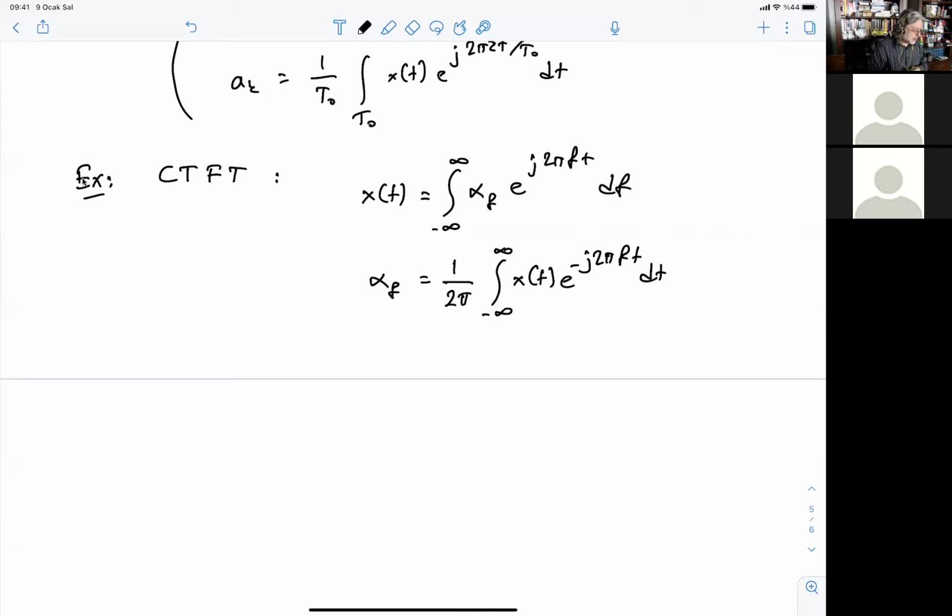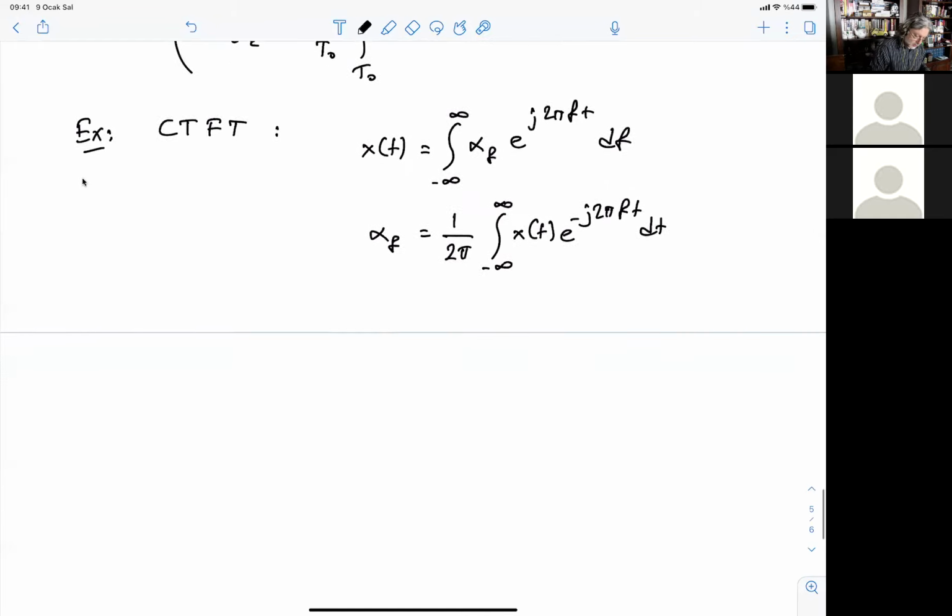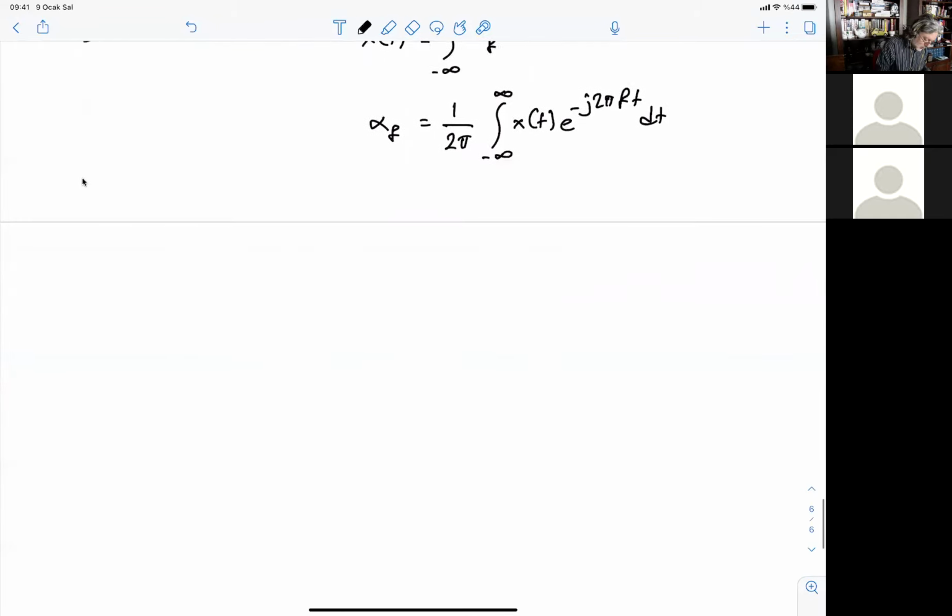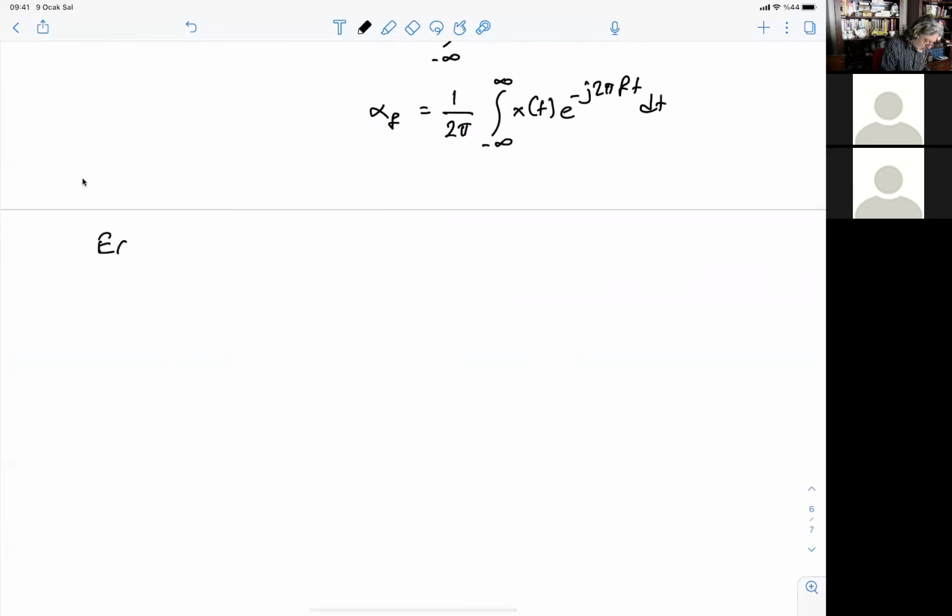Then the continuous time Fourier series was already given. Let's continue with another example, which is the discrete time Fourier series, where x[n] is given as 1 over capital N. This time the normalization is used in the representation.